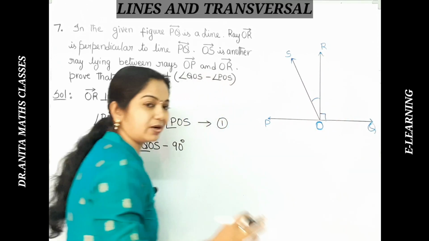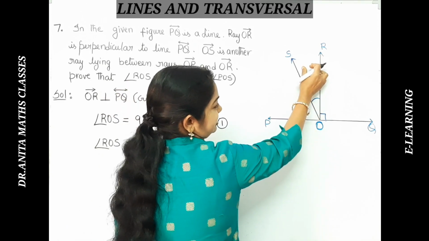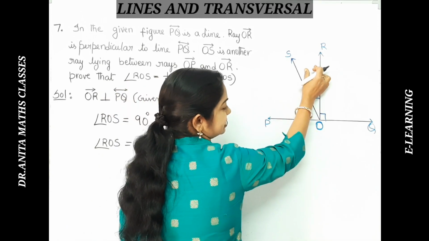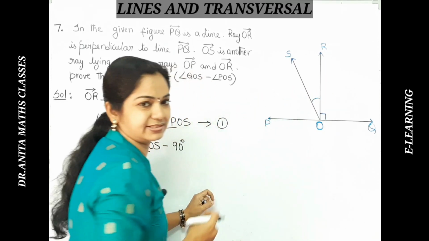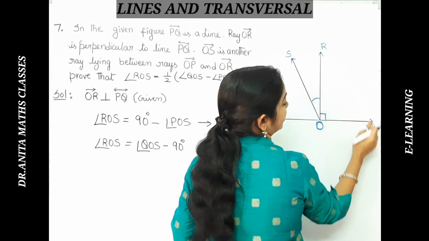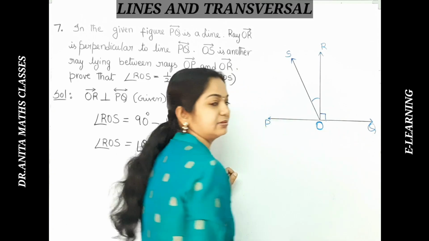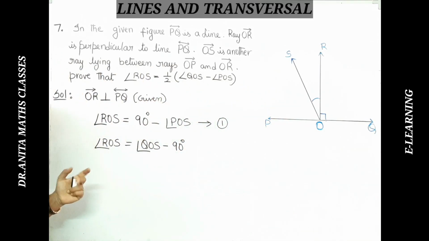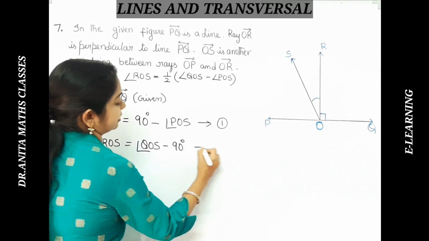So first I have taken ROS equal to 90 degrees minus angle POS, that is equation 1. Now on this side, ROS is equal to angle QOS minus angle QOR, which is nothing but 90 degrees, so that is the second equation.